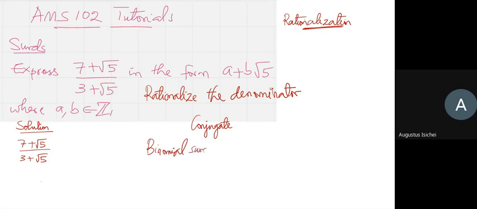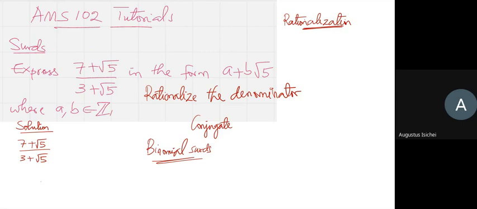There are surds that are called binomial surds. A binomial surd means a surd with two terms. So 7 plus root 5 is a binomial surd. This is another binomial surd, 3 plus root 5. Any surd expression with two terms, like a plus b root 5, is referred to as a binomial surd.